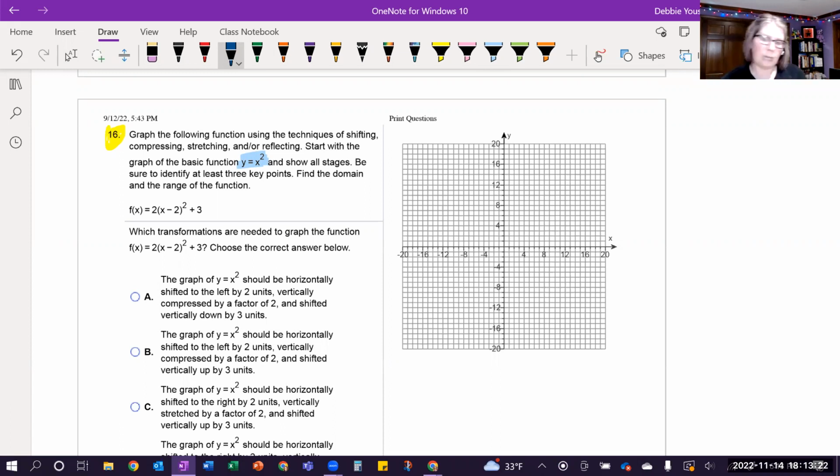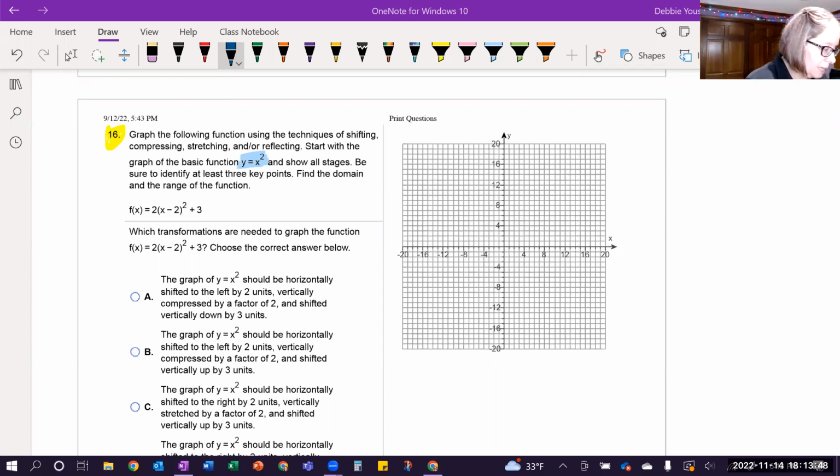If you know what that shape looks like, then you can adjust all of them with transformations that alter that basic graph and allow you to do things like stretch a graph or shift a graph to a different location, but it's all still going to resemble that original graph. So we're going to start with that.